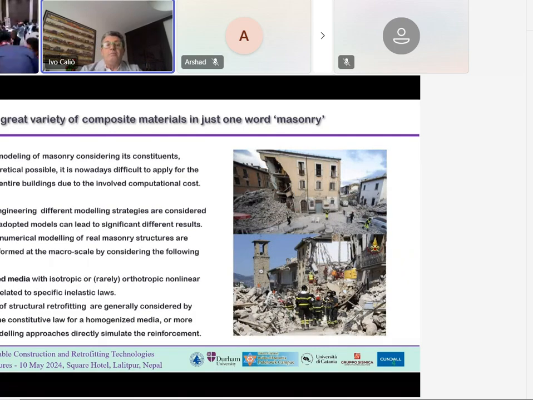The detailed modeling of masonry, as Professor Pantò already illustrated, is practically impossible for practitioners, considering the detailed modeling of the components. So a homogenized approach is generally considered.